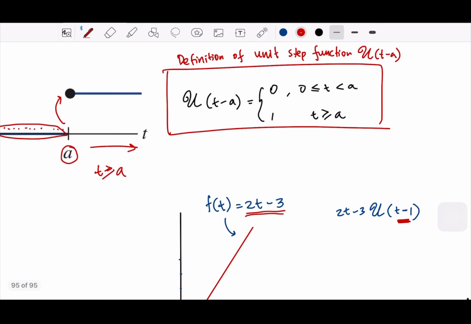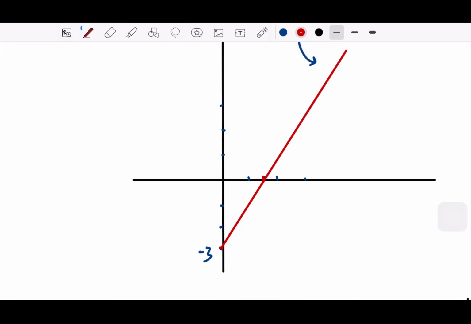When t is equal to a, it equals 1, but when it's less than a, it equals 0. So it means that from 0 up until 1, the line will be turned off.